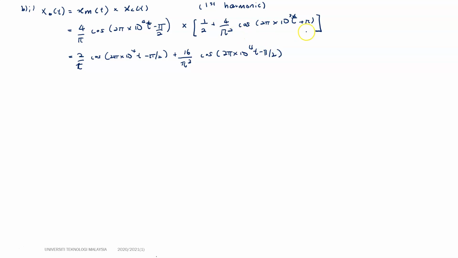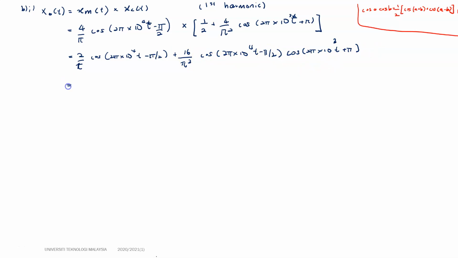And then the other one is 4 over pi multiplied by 4 over pi squared, which becomes 16 over pi cubed. So we have two cosine functions here. First, cosine of 2 pi times 10 to the power of 4 t minus pi over 2, and then this component, cosine of 2 pi times 10 to the power of 3 t plus pi. What we can do here is use the trigonometry identities, which you can obtain from the list of formula: cosine A multiplied by cosine B equals 1 over 2 of cosine of A plus B plus cosine of A minus B. So we can do that to simplify this equation.